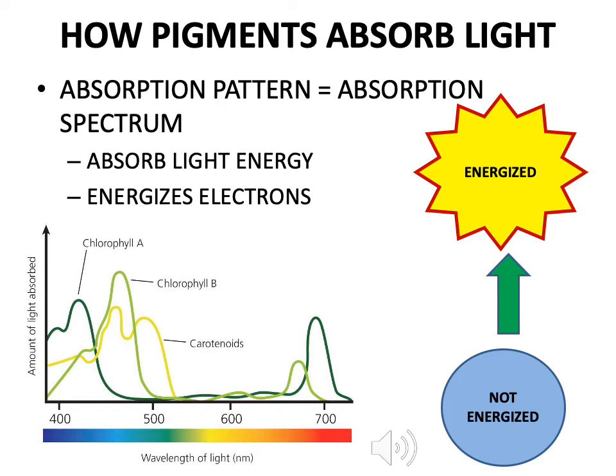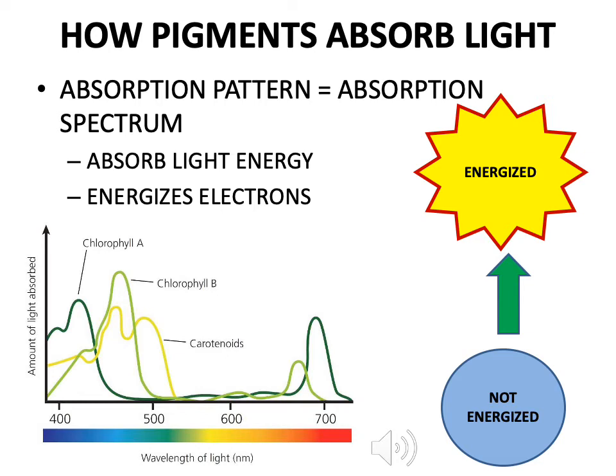So in summary, you probably want to know that plants appear green because they reflect green light, but what they don't reflect, they absorb. And in order to maximize what they absorb, we've got these different pigments. And you probably want to know that chlorophyll A, chlorophyll B, and carotenoids absorb light energy differently.